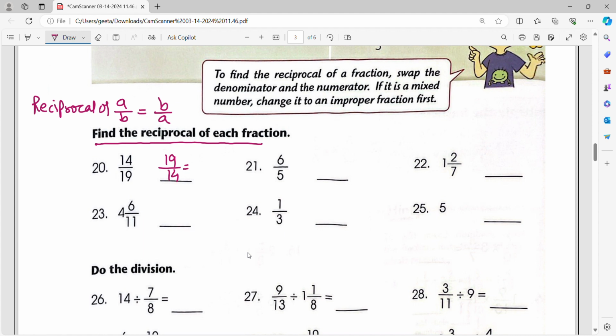I want you to convert this into a mixed fraction. Can I do it directly like this? 1 whole 5 over 14. Okay. Can you please tell me the answer of 21st?